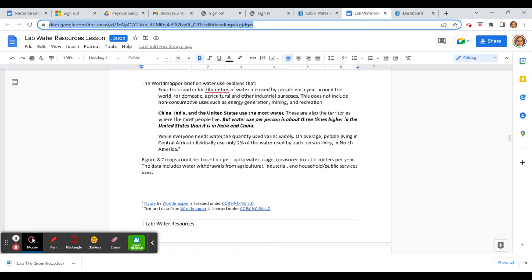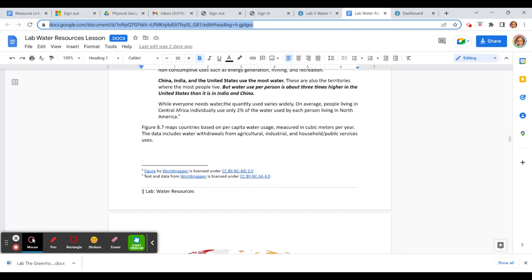On average, people in Central Africa use only 2% of the water used by each living person in North America. So if you can imagine, on average, people living in Central Africa use only 2% of what we use as an individual in North America. 2%. I don't know, if I went out for pizza, would you want 2% of a pizza? No.